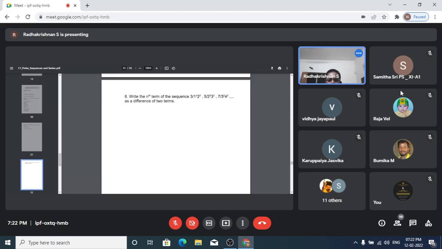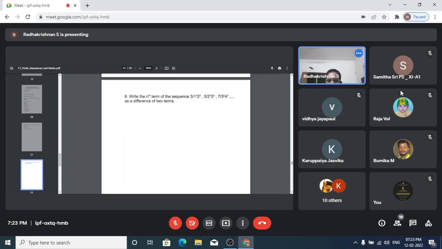The first step. So numerator is 2n plus 1.